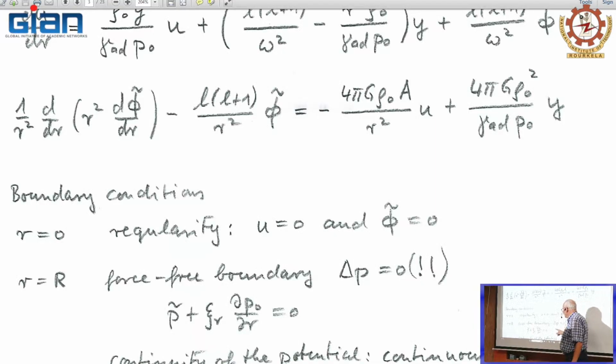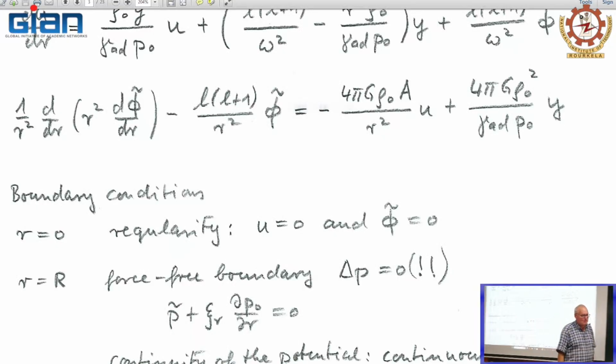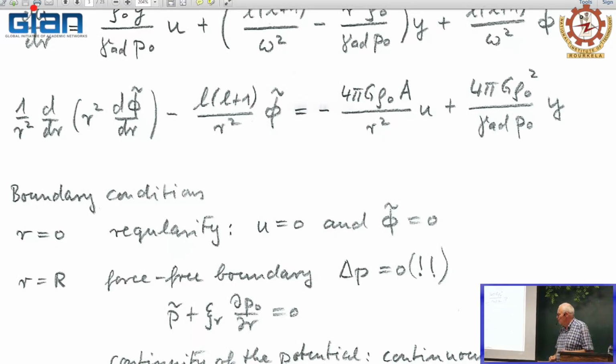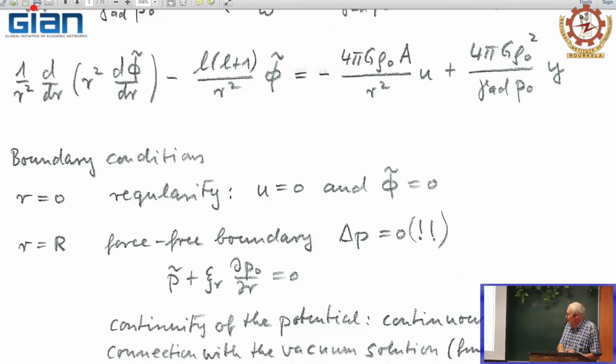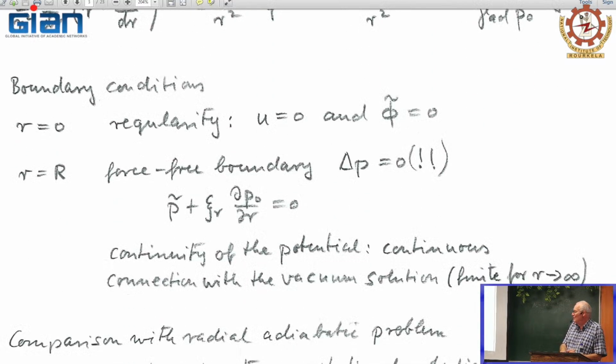This does not mean that the Eulerian perturbation is 0, but we have to correct the Eulerian pressure perturbation somewhat to give an expression which is equivalent to the Lagrangian pressure perturbation being 0. So the Eulerian pressure perturbation plus displacement times the gradient of pressure has to be 0. This is the force-free condition.